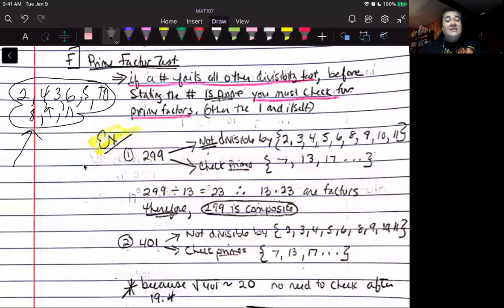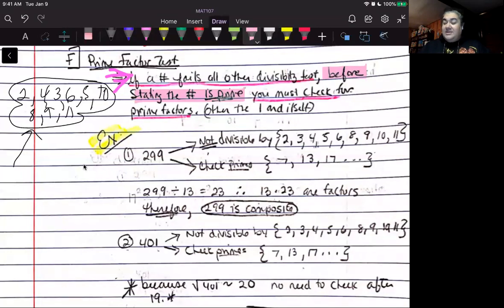You have to test to see if it has prime numbers that are factors, i.e. they would divide into that composite number that we're talking about evenly, okay? Here's an example. So, that's what this note right here is telling you. It's telling you to be aware that if a number fails all the other divisibility tests before, and that's the important part, so I'm going to highlight that, before stating that that number is a prime number, you have to check to see if it has any factors that are also prime numbers.